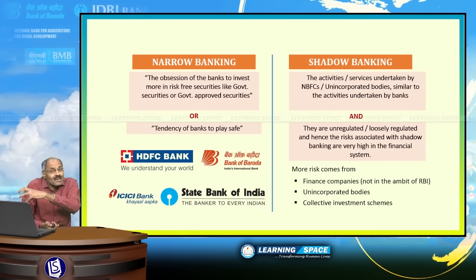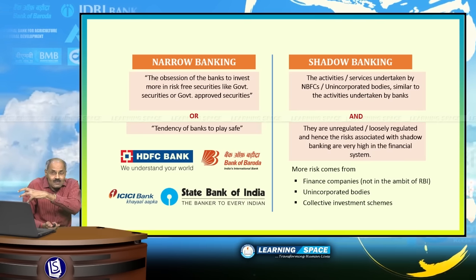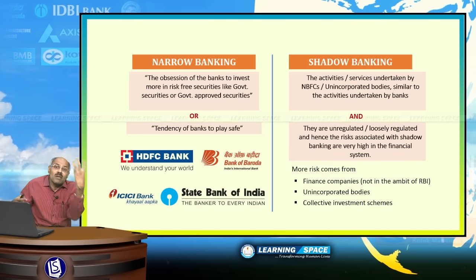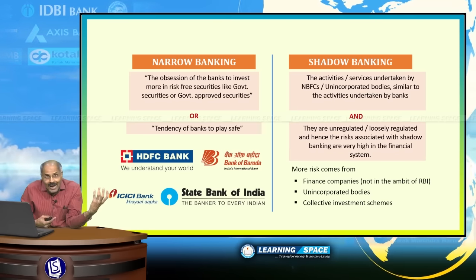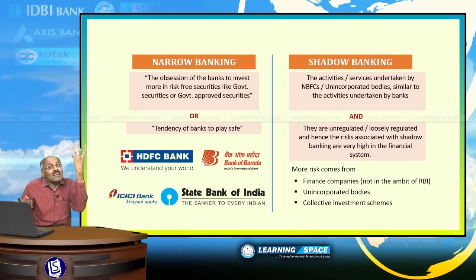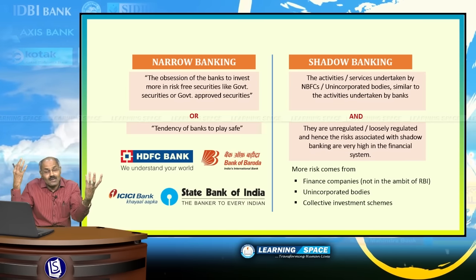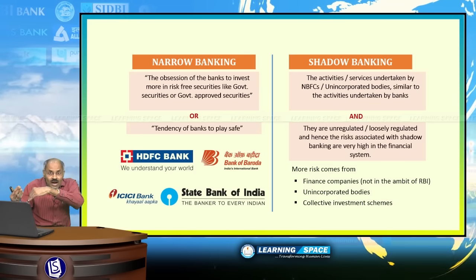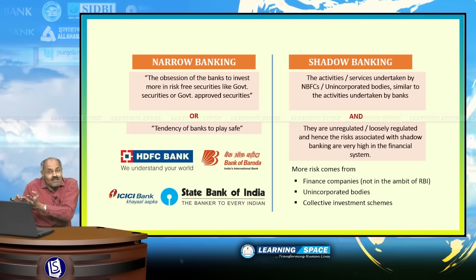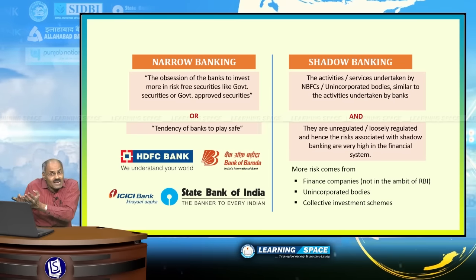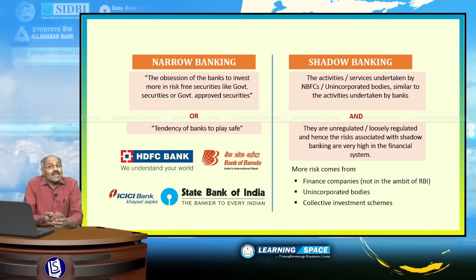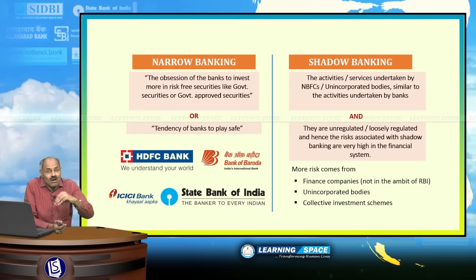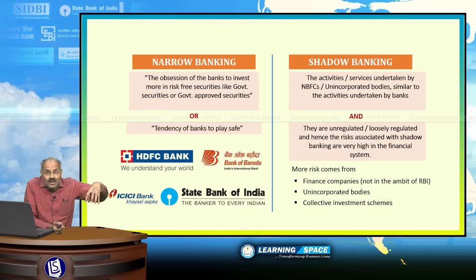So shadow banking are the operations undertaken by various non-banking financial companies similar to the operations undertaken by banks, but the basic difference is banks are well regulated and these non-banking financial companies are poorly regulated. That's why the customers are at risk when they are undertaking financial activities with the non-banking financial companies. As far as possible, please use the services of banks instead of NBFCs.